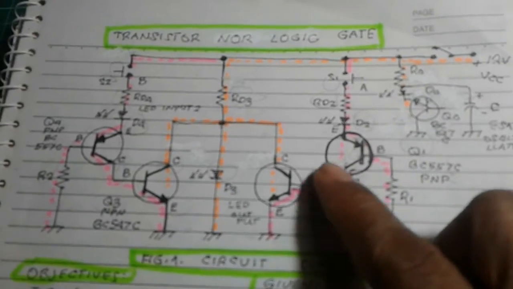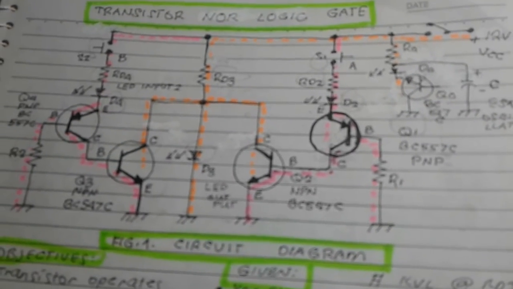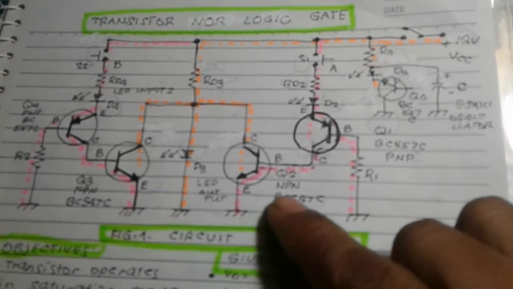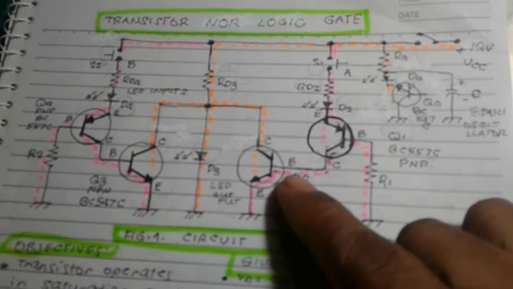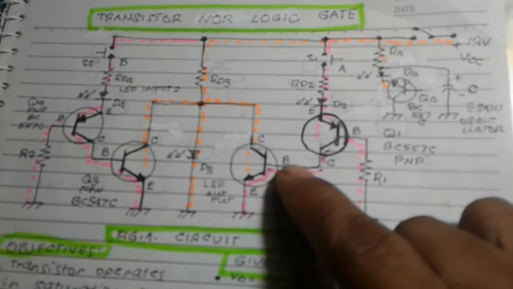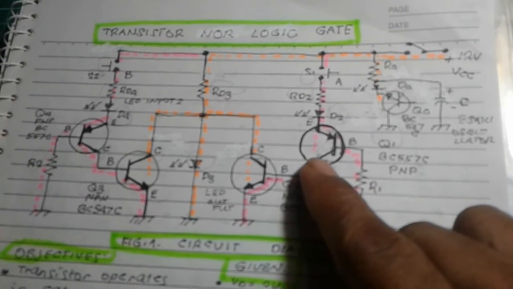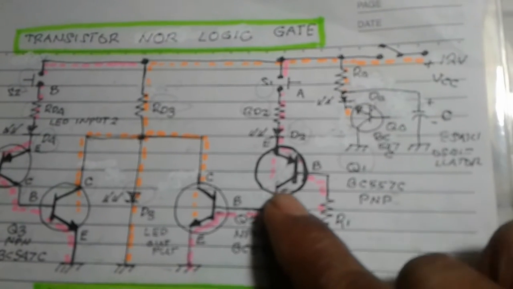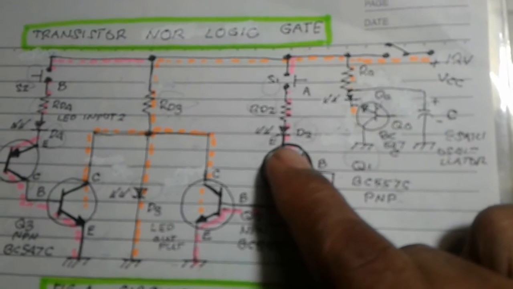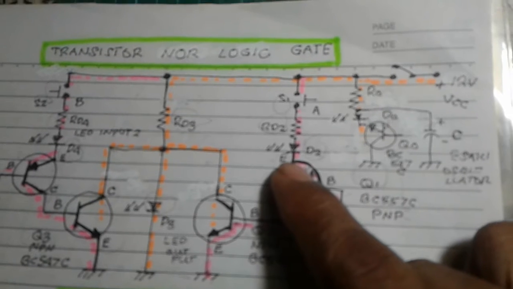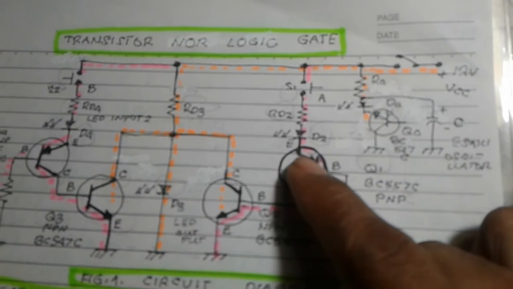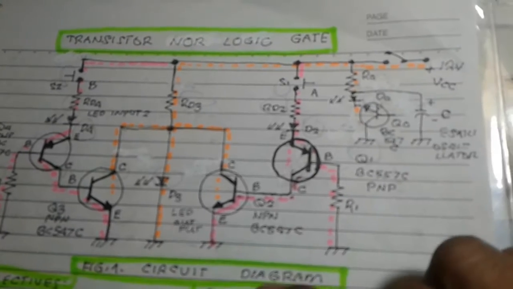I'm using this type of configuration because of the Miller effect, the capacitance developed in the transistor, and I use this PNP circuit, which is our LED input disconnected, in order to prevent this Miller effect.